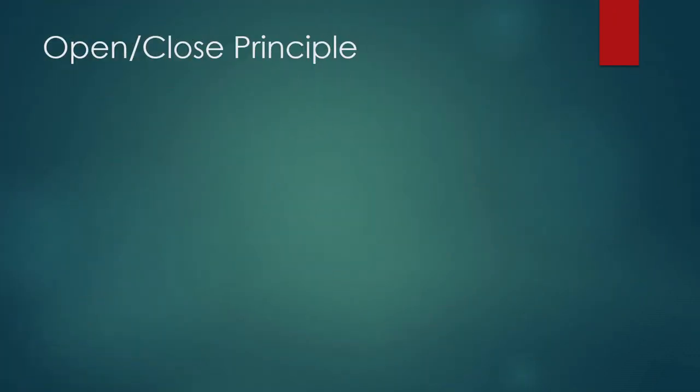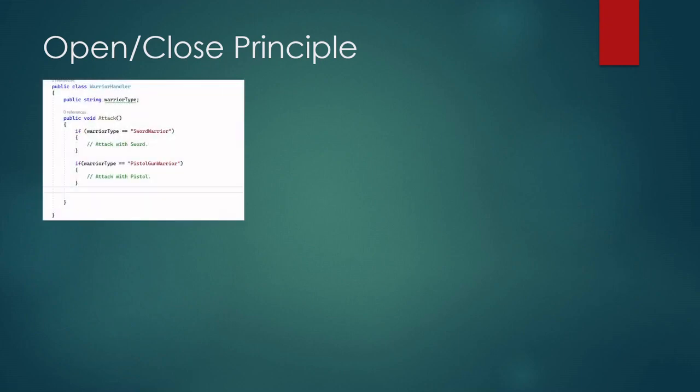So let's see how we are violating the open close principle, and then we will try to solve it. Let's say we are developing a gaming application where we have a warrior handler class, and we have the attack method and a string field which is the warrior type. Here I have two players, sword warrior and pistol gun warrior.